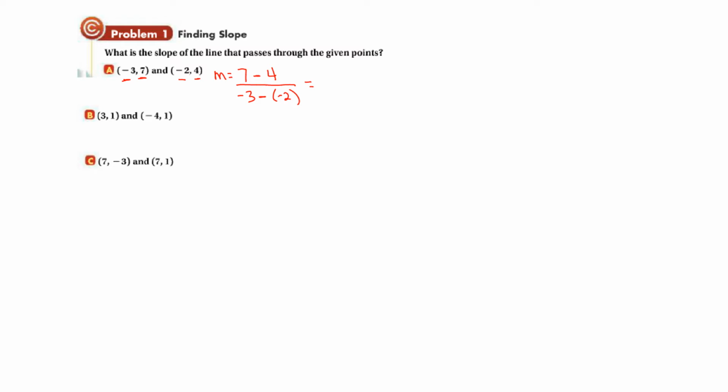And then I just calculate. So I have 7 minus 4, which is 3. -3 minus -2, which would be -3 plus 2, which would be -1. Then divide, and I get my slope is -3.